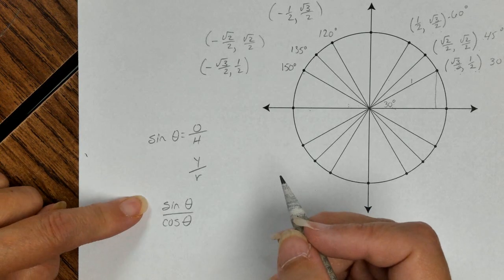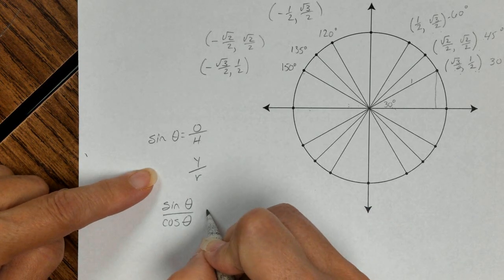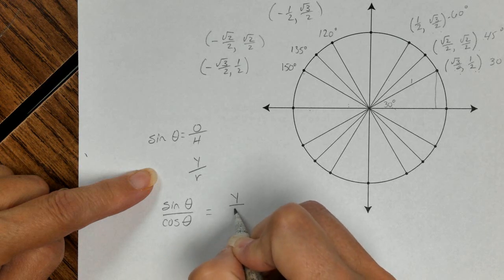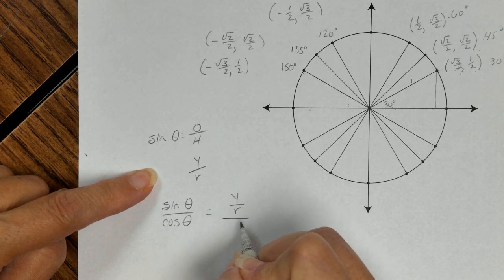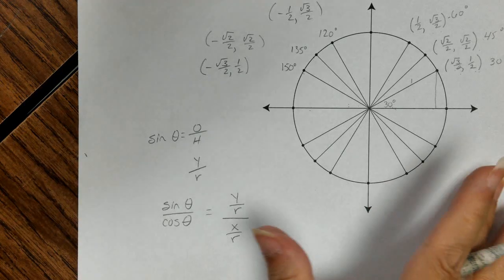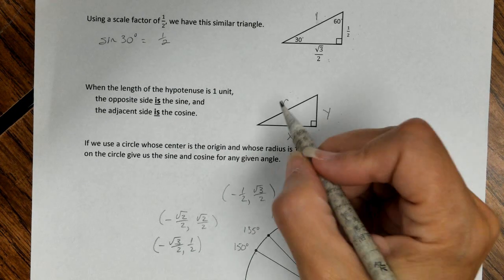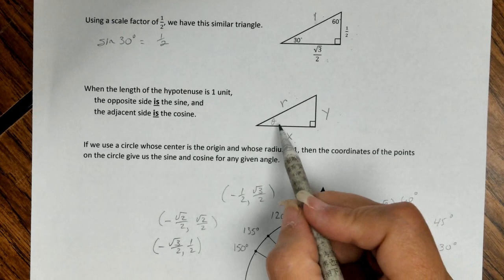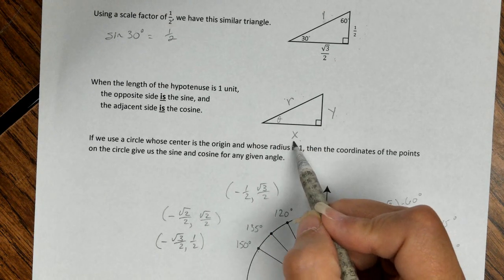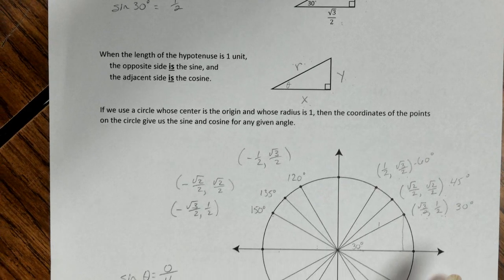So the sine is y over r. Cosine, like I said, is x over r, and you can take a look at this triangle again up here. If this is my theta, sine is y over r, cosine is x over r.